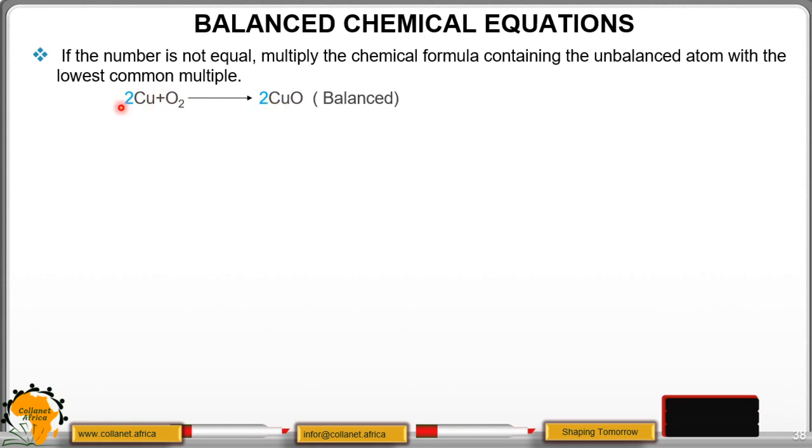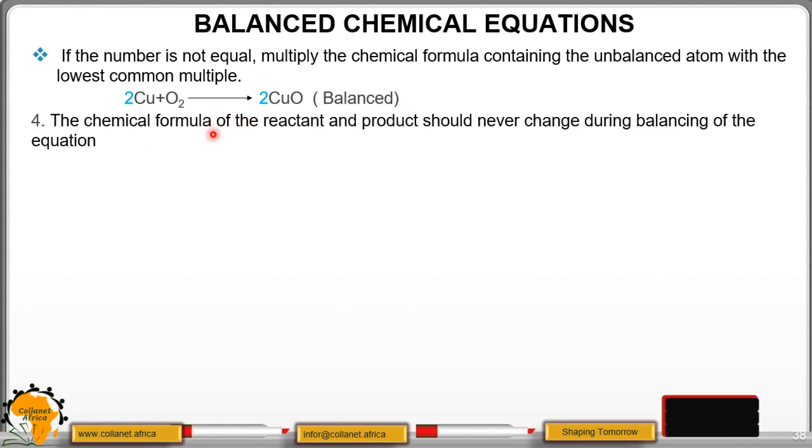Therefore, you need to balance by putting a 2 here, the lowest common multiple. So in this case, this one is balanced, but it will not be correct if the state symbol is not indicated. The chemical formula of the reactant and product should never change during balancing of the equation.